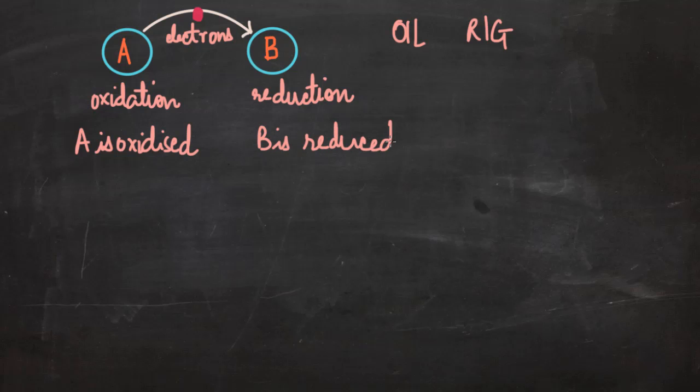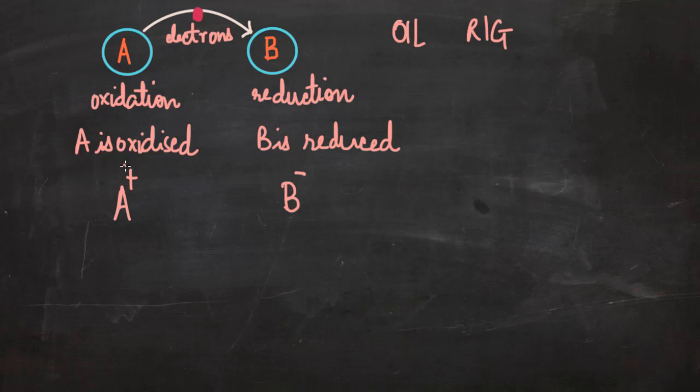So if atom A is losing an electron, what charge should come on it? It will get a positive charge. So it becomes A plus. And B is gaining an electron. Electrons have negative charge on them. So B has a negative charge of 1.